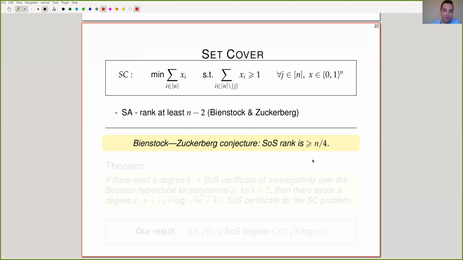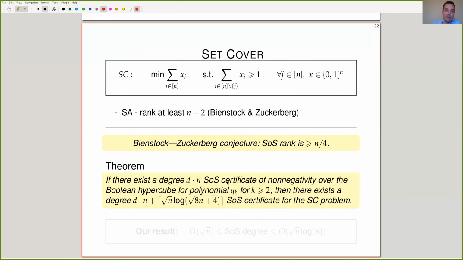And what we managed to do is connect the degree of the sum of squares certificate for symmetric quadratic functions with the degree of the sum of squares certificate for the set cover problem in the following sense. You prove that if there exists a degree d times n sum of squares certificate of non-negativity over the Boolean hypercube for polynomial qk, then there exists a degree d times n sum of squares certificate for the set cover problem.